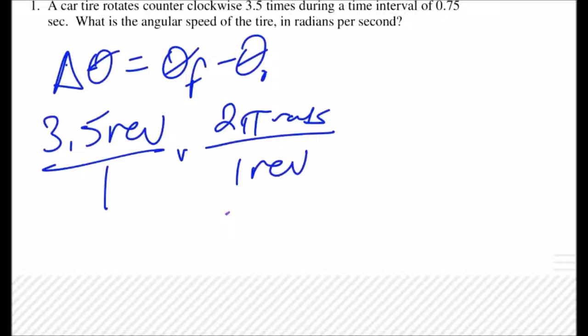Okay, cool. So if I did that, that's going to get me my theta in a standard unit, in radians. So go ahead, type that in your calculator. Remember, when you have pi, you need to actually use the pi button on your calculator. Don't just type in the digits.